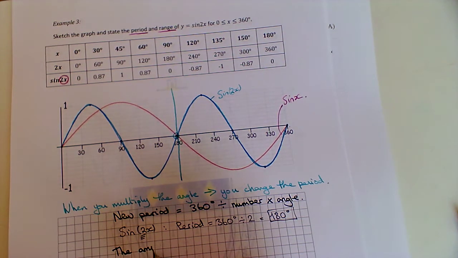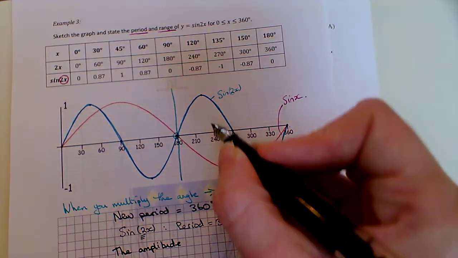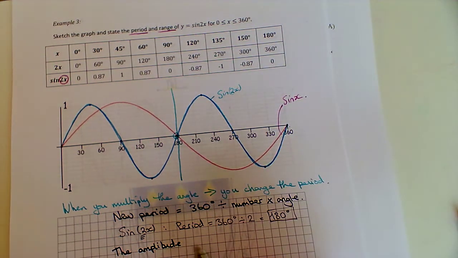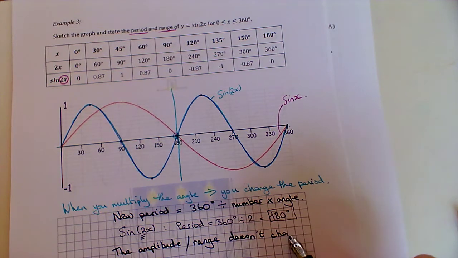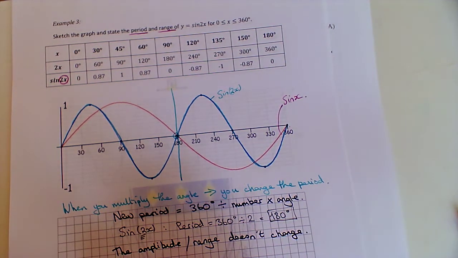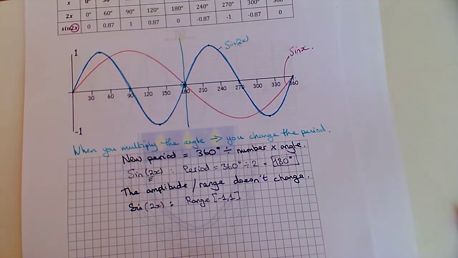The amplitude, which is how high up it goes and how far down it goes, the amplitude or range doesn't change. So again, if I have sine of 2x, the range is still -1 to 1.